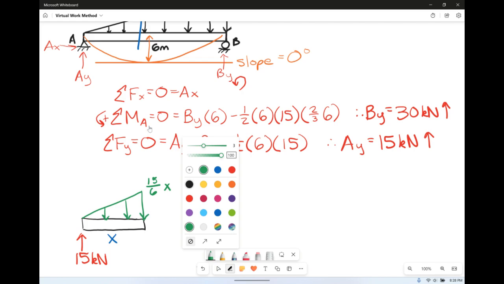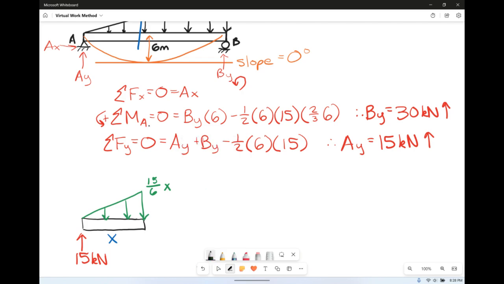Then since we made a cut, we have internal shears, internal normals, and internal moments. And the moment is what we care about. So we're going to sum the moments about the cut and set it equal to 0, taking our normal counterclockwise to be positive.